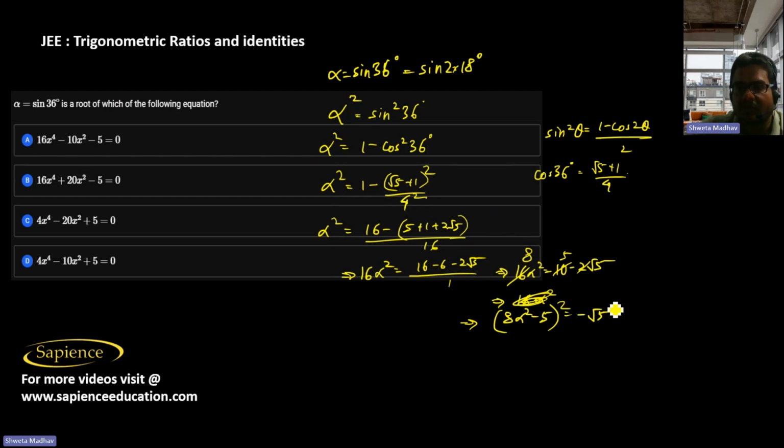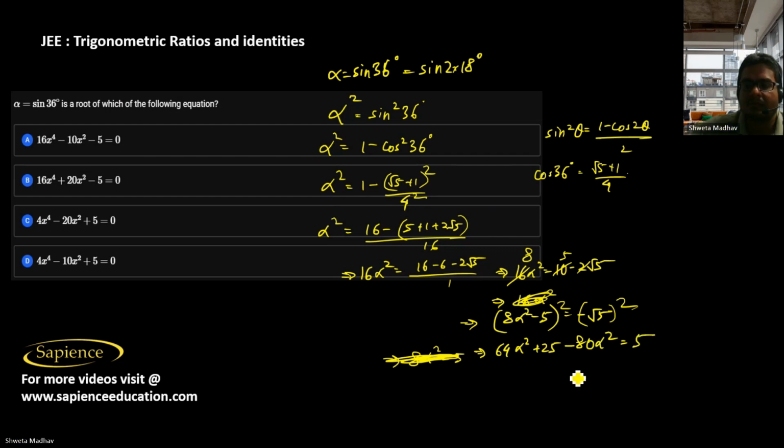Now you can again square both sides. So then this will be (8 alpha square minus 5) whole square. So this will be 64 alpha power 4 plus 25 minus 2 5s are 10, 80 alpha square, that is equal to 5.